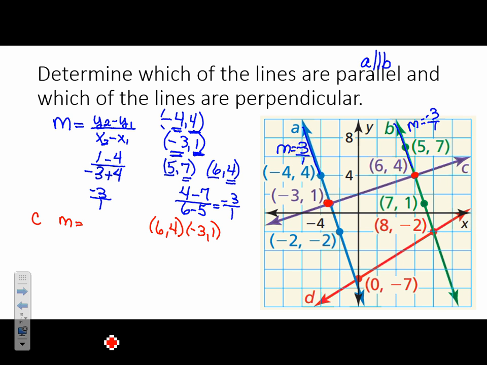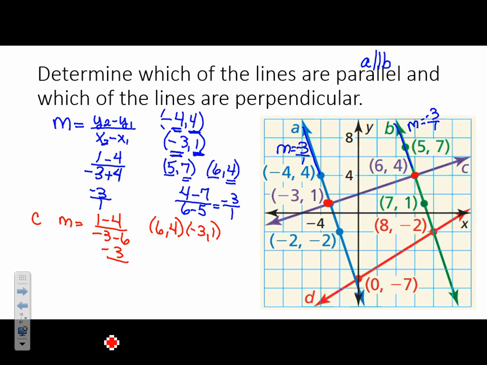Okay. 1 minus 4, -3 minus 6. Notice I went to my second y first and then my second x first. Don't make that mistake.